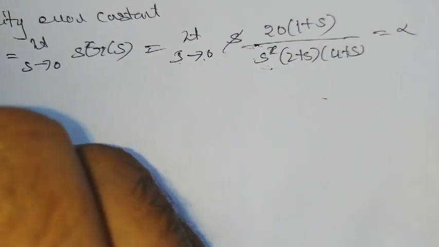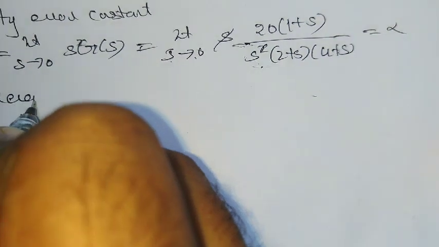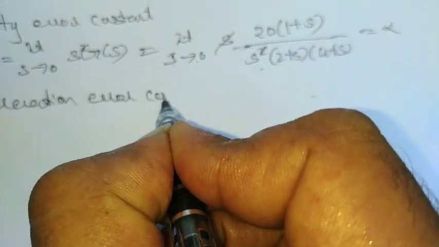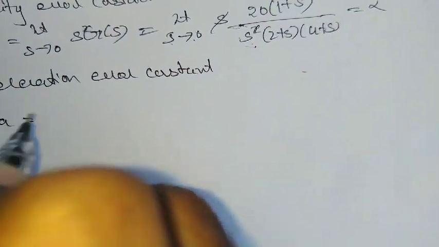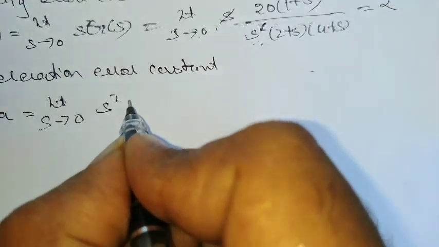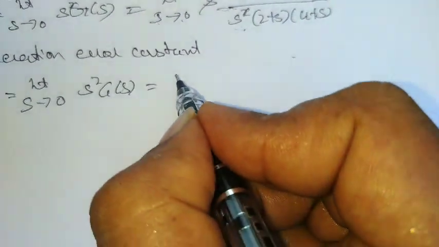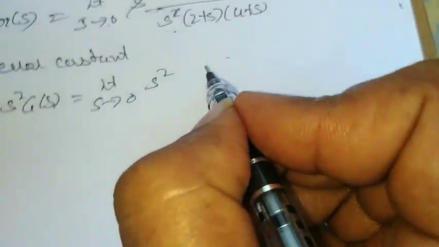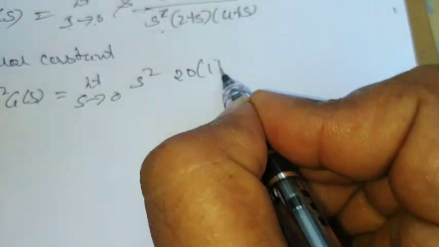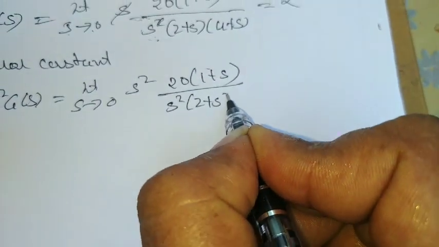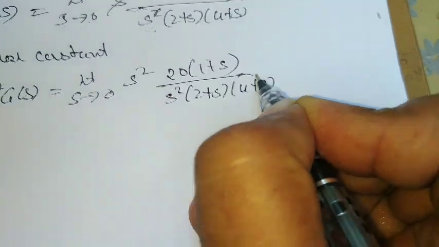Next, acceleration error constant Ka, which is given as limit s tends to 0 s square G(s), which is limit s tends to 0 s square into 20 into (1 plus s) divided by s square into (2 plus s) into (4 plus s).